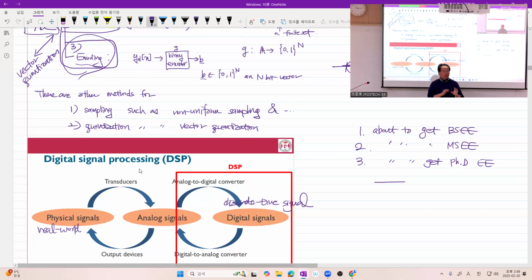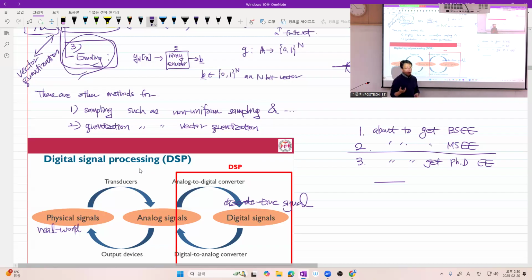Got it? So some of you graduate students may now be frustrated because you are approaching a master's degree and have come to know that you know nothing in electrical engineering. But don't be frustrated, okay? You will eventually learn that nobody knows, and you still do not know anything when you get the PhD.